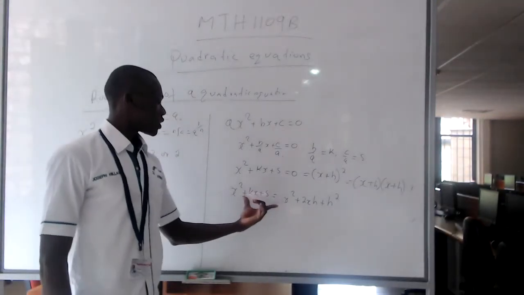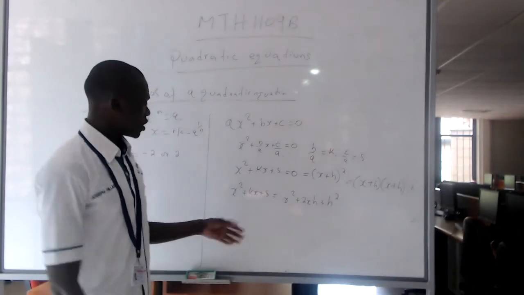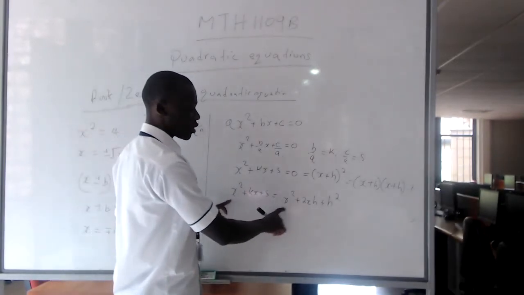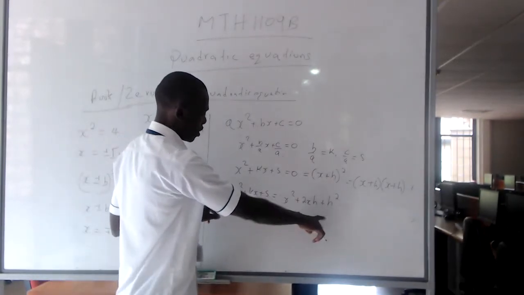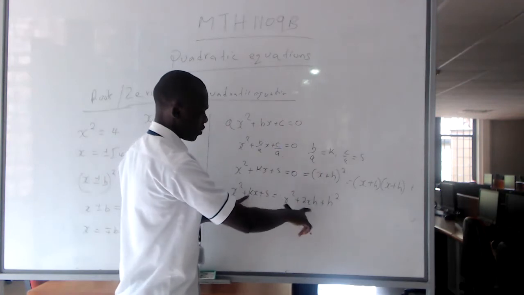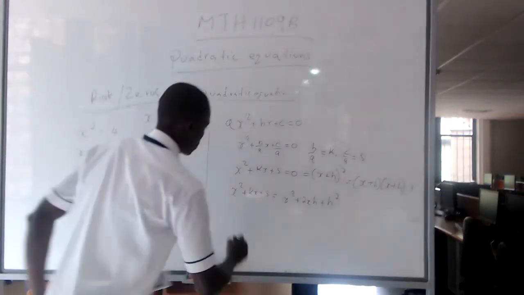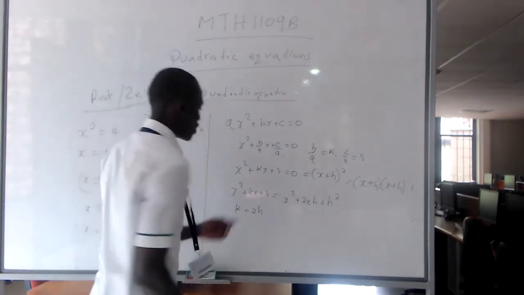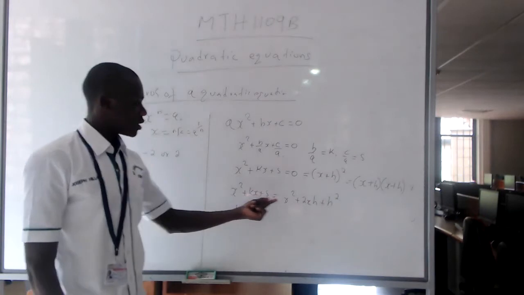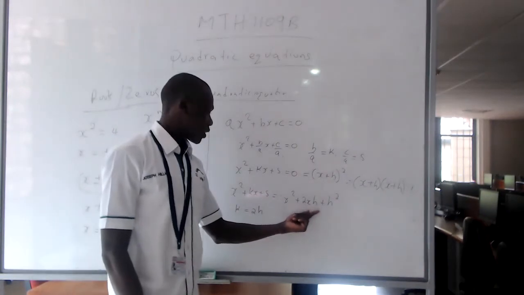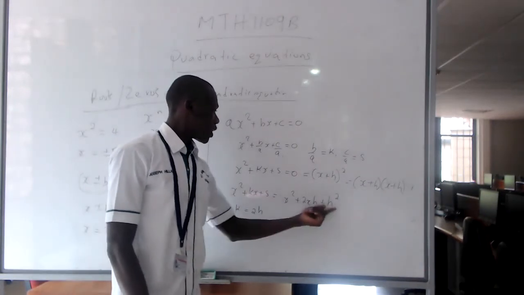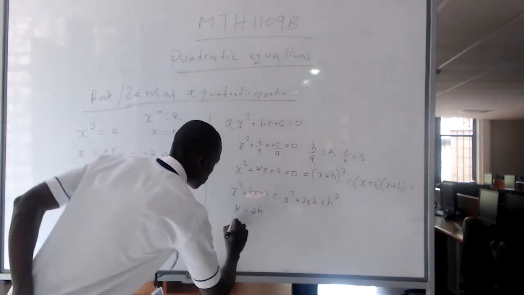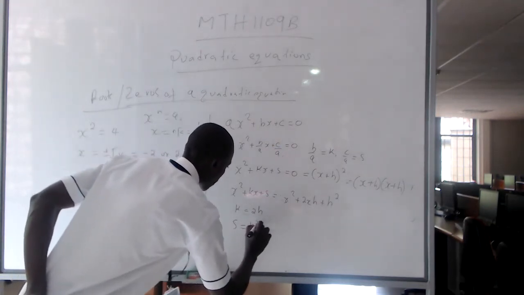So equate terms of the same degree. So I will equate x squared to x squared, because that's the only way these expressions can be equal. I will equate kx to 2xh, and I will equate s to h squared. So this means k has to be equal to 2h. K is the coefficient of x this side, 2h is the coefficient of x this side. S is the constant term, h squared is the constant term, so s must be h squared.